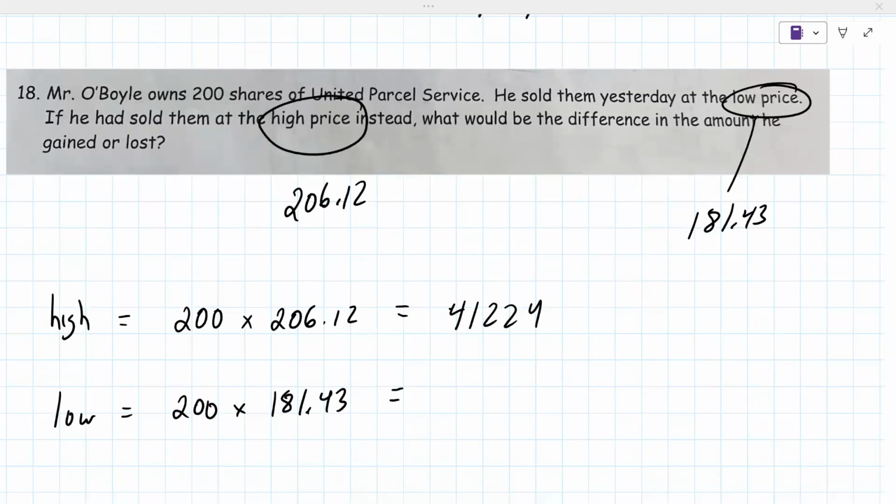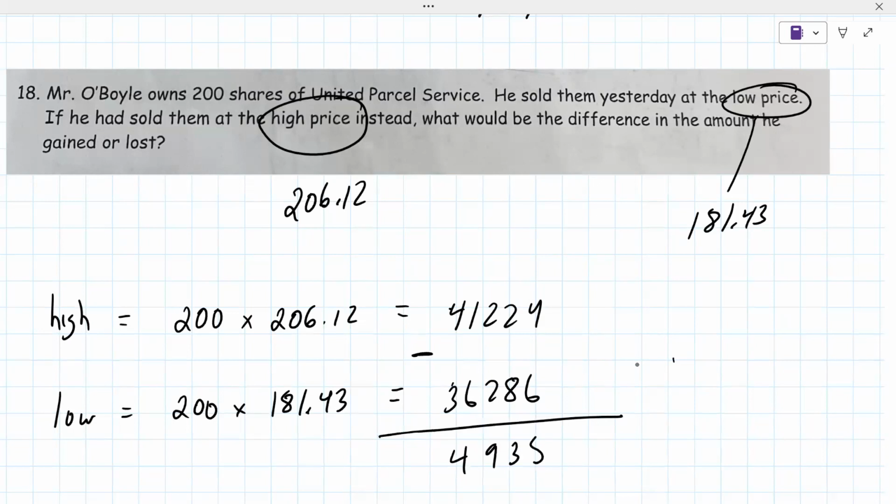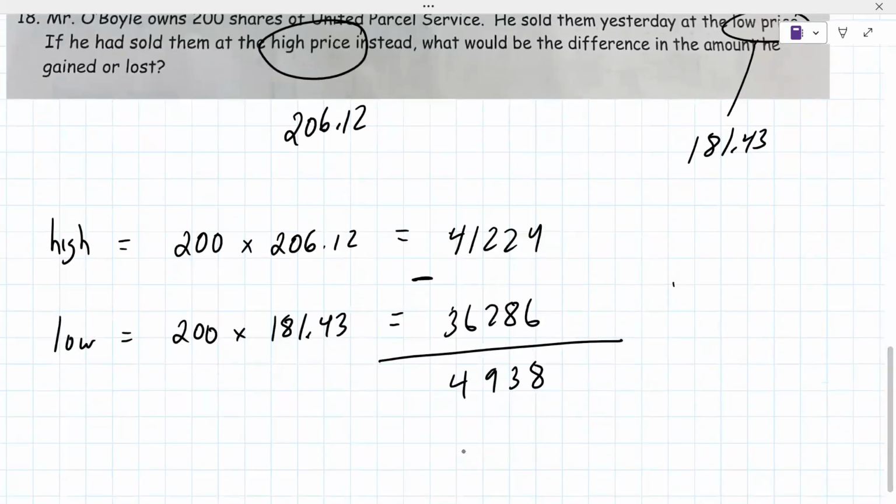For the second one I got 36,286. So you're going to subtract them. I got 4,938. All right, so since he sold them at the low price, he lost. This is how much he lost out on, or missed out on, you could say. What's the negative number?